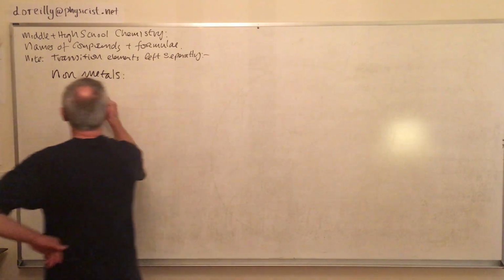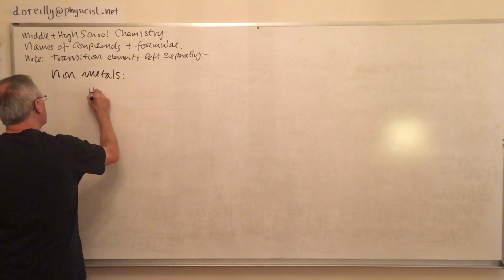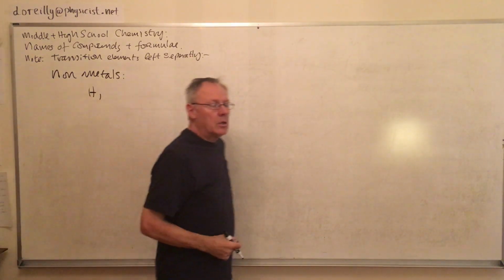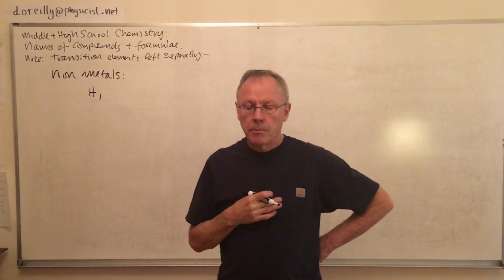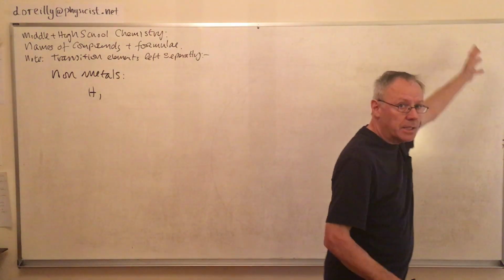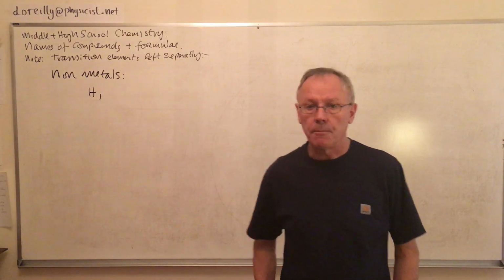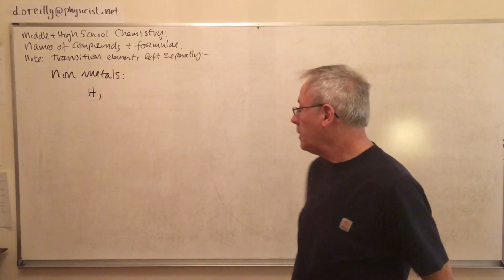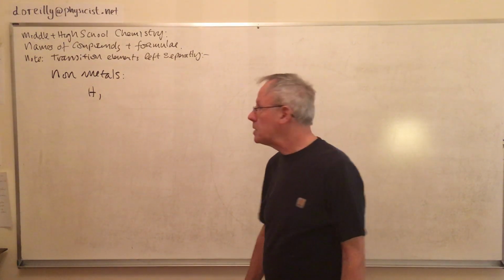But non-metals, and here they are, hydrogen. I'm not going to list the inert gases, helium, neon, argon, krypton, xenon, radon in that column down here at the last, because they don't react with anything. They are inert. They're called noble gases, the inert gases.